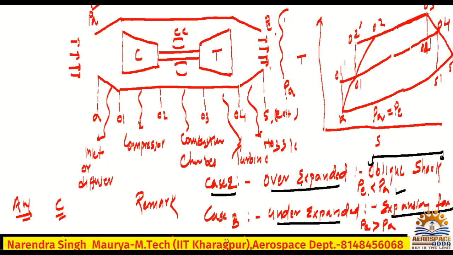What is an expansion fan and what is an oblique shock, that is the further discussion I will do later. But you should remember that underexpanded means PE greater than PA, and in case of under expansion you may get an expansion fan. Okay, done. So here your answer is option C. Anyway, now we'll go for the next problem.